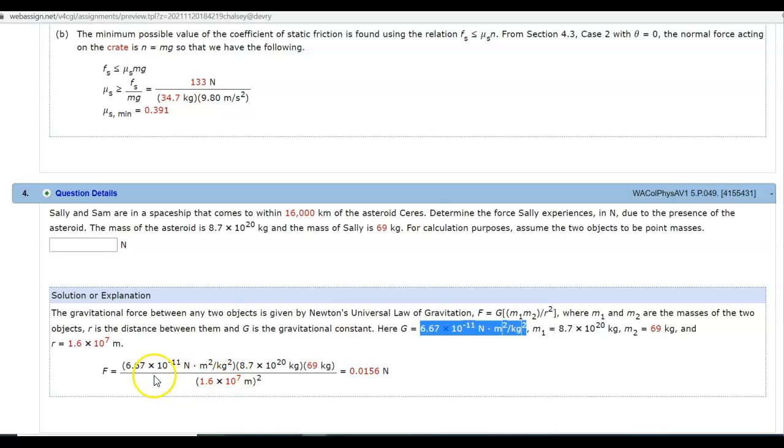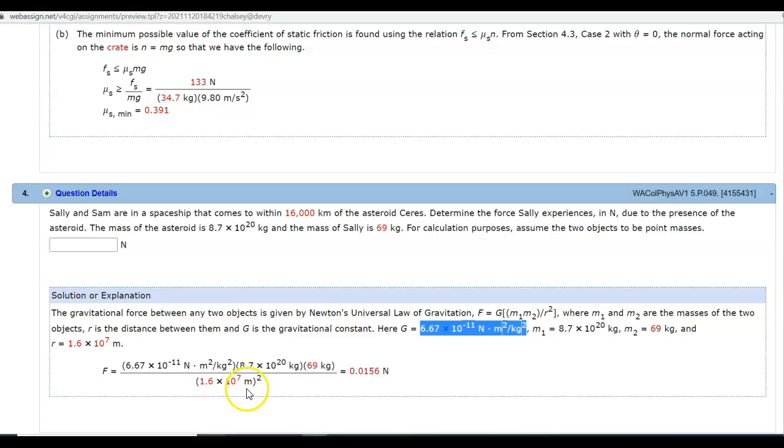All right, so we have G, M1 is the mass of the asteroid. M2 is the mass of Sally. We multiply those three together and divide by the distance squared. The distance here is 16,000 kilometers.